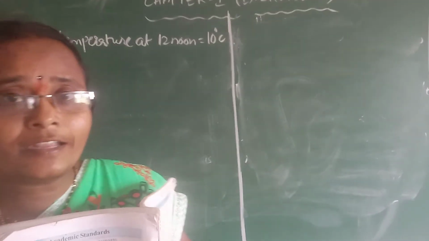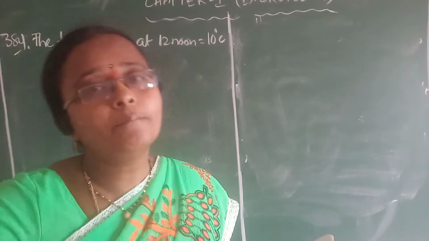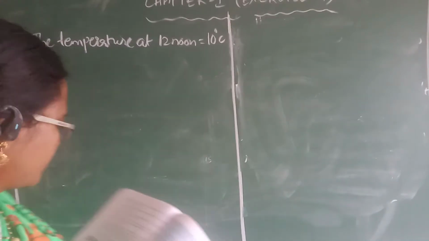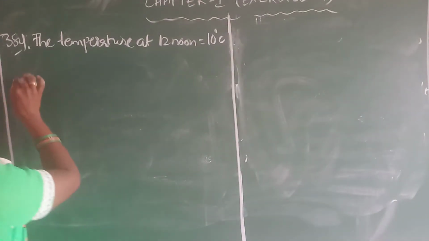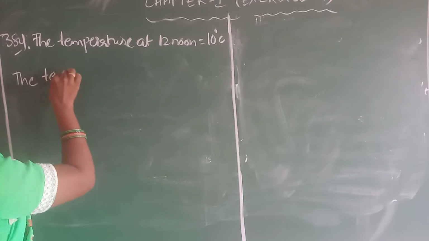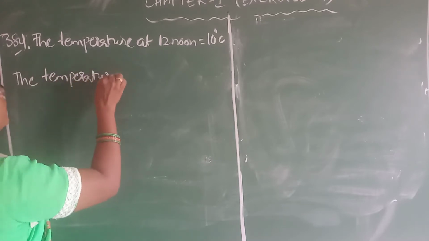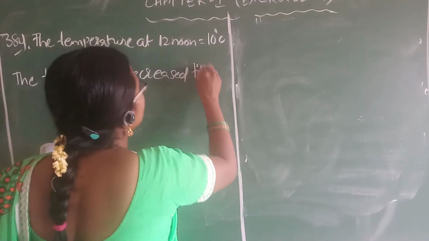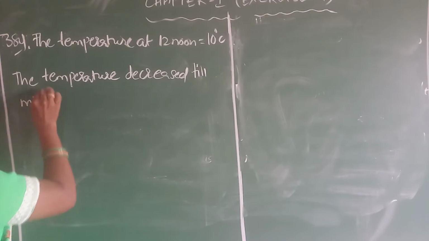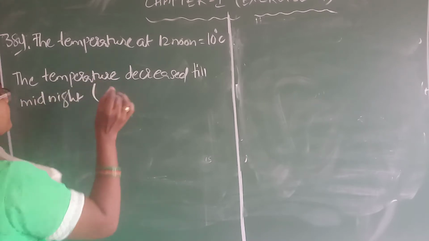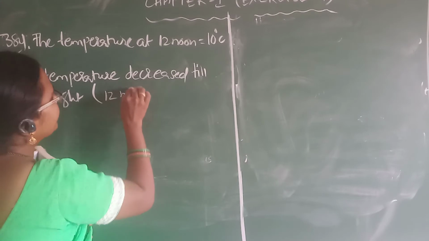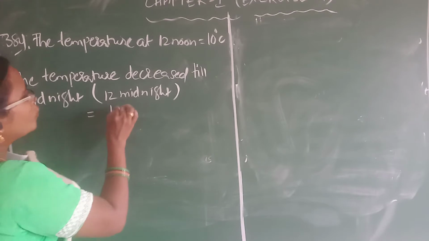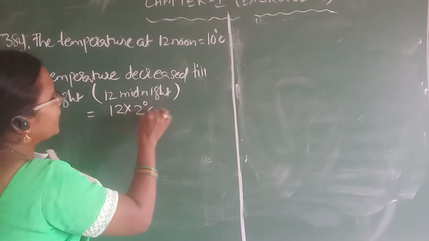Up to what time is it getting decreased? Up to midnight. Midnight means how many hours? Again 12 hours. The temperature decreased till midnight. It means 12 midnight. So is equal to 12 into 2 degrees it is getting decreased.